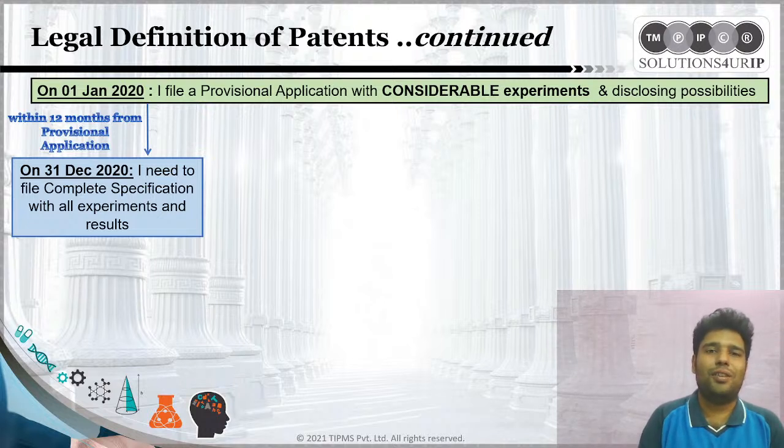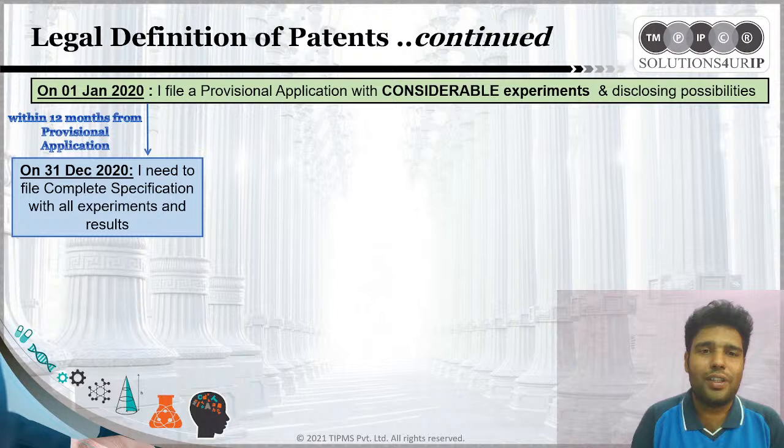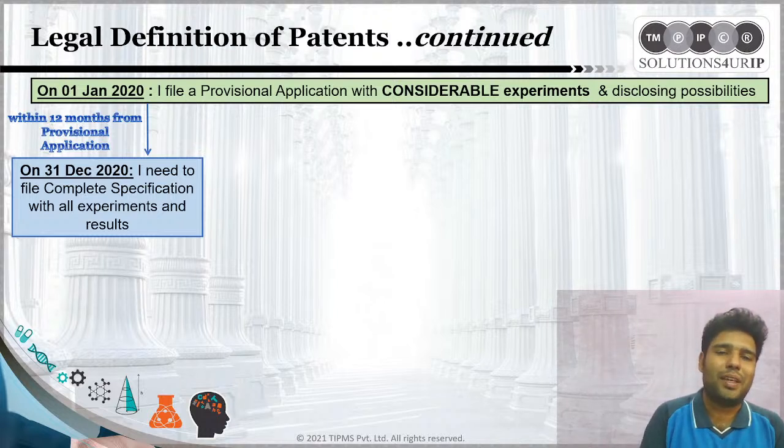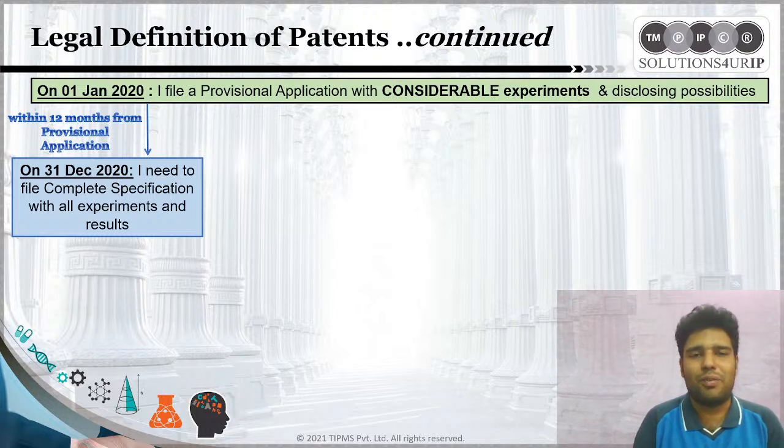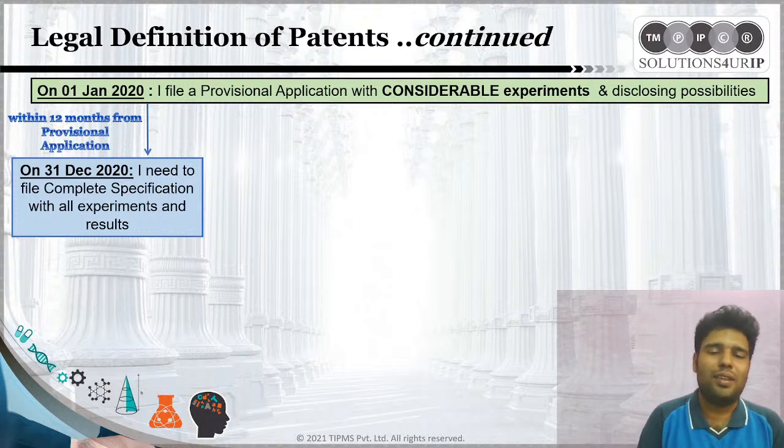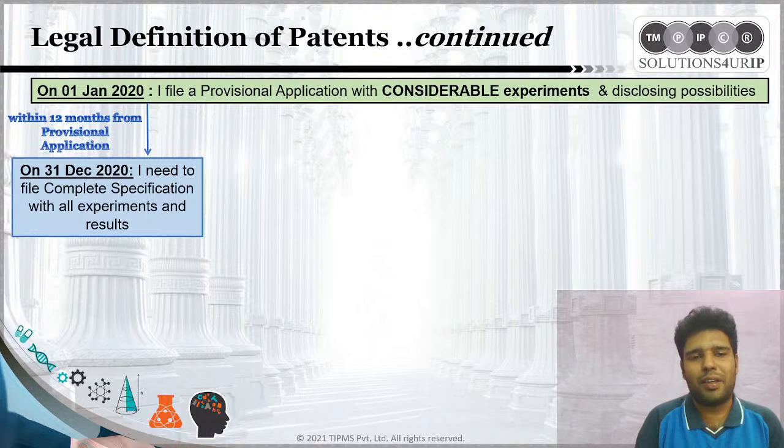And if the deadline of filing the PCT patent application on the basis of a provisional patent application is the same, that is within 12 months of filing the provisional patent application.